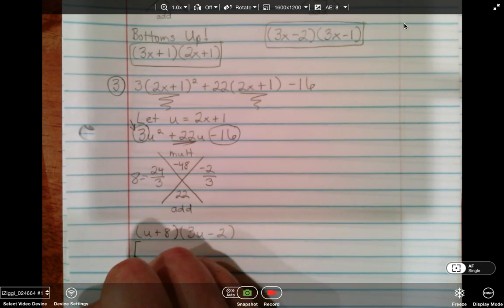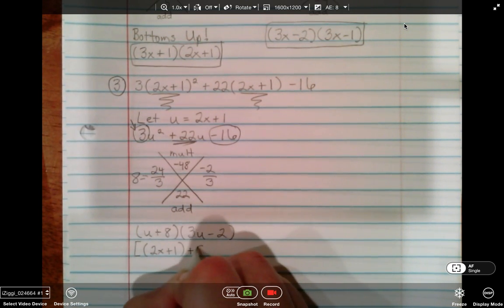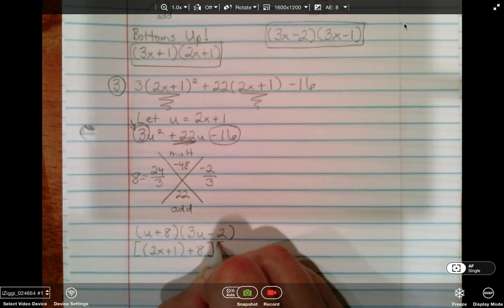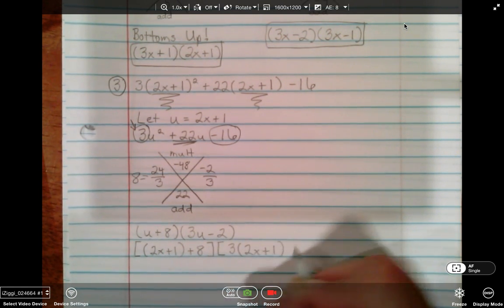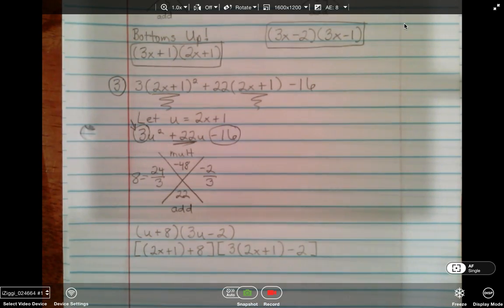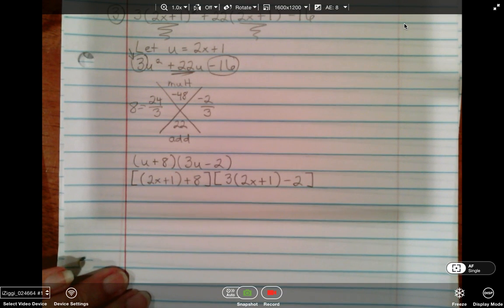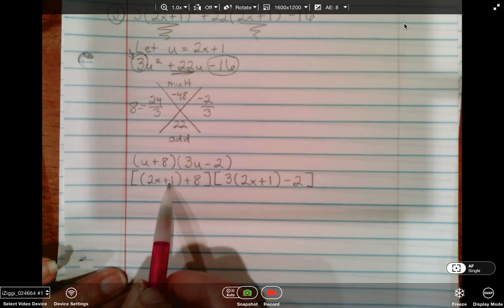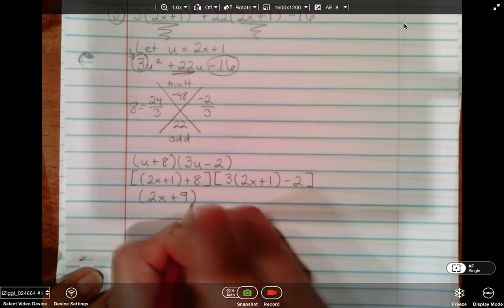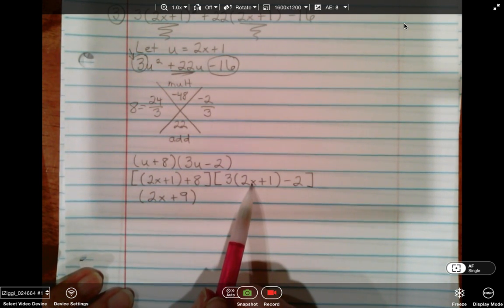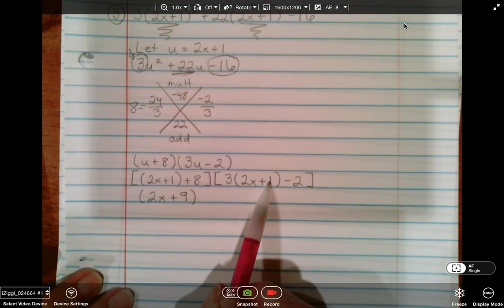So this is going to be 2x plus 1 plus 8 times 3 times 2x plus 1 minus 2. Now we are just going to simplify. 2x plus 1 plus 8 is 2x plus 9. 3 times 2x is 6x. 3 times 1 is 3.